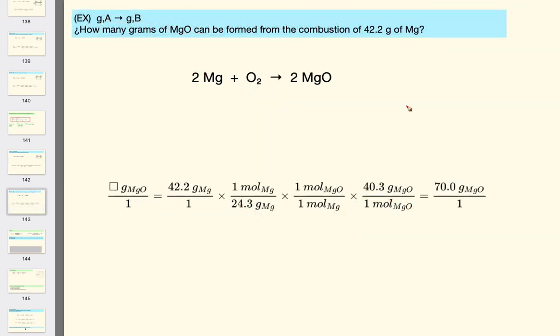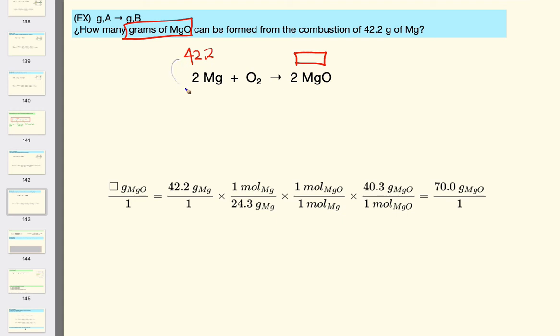Let's switch it up and use a different equation this time. How many grams of magnesium oxide, that's what I'm looking for, put it in the gram slot, can be formed from the combustion of 42.2 grams of magnesium? It's going to be pretty easy now that we're getting the hang of it. We can easily see our flight path.